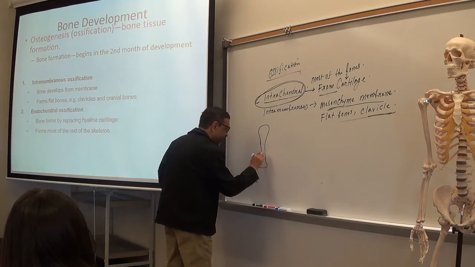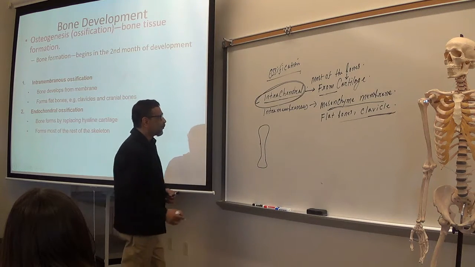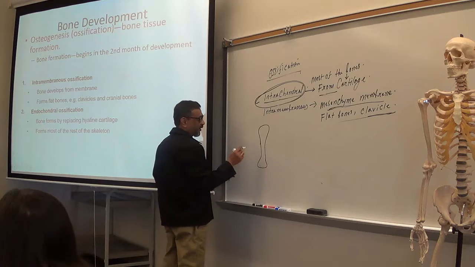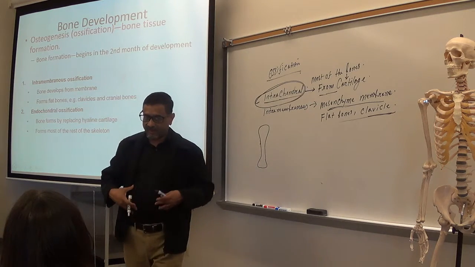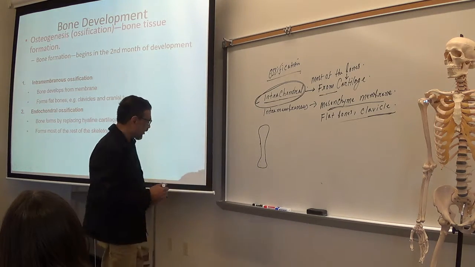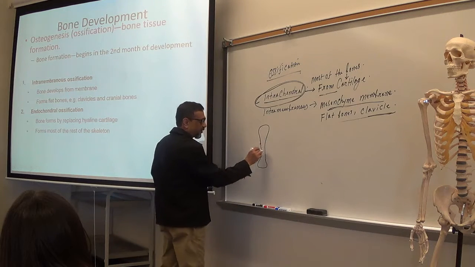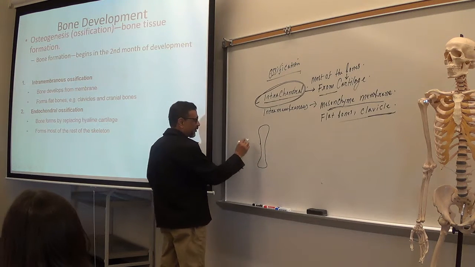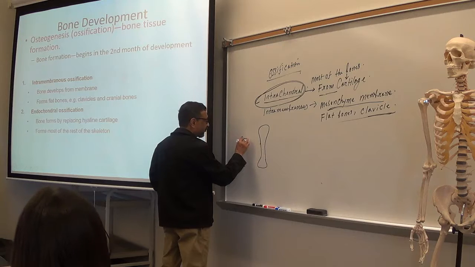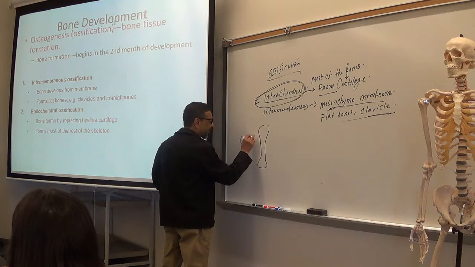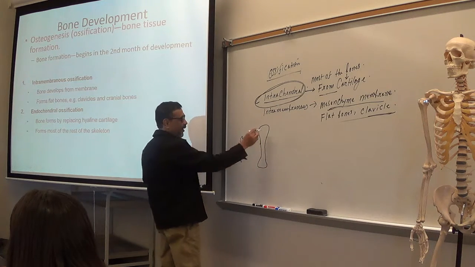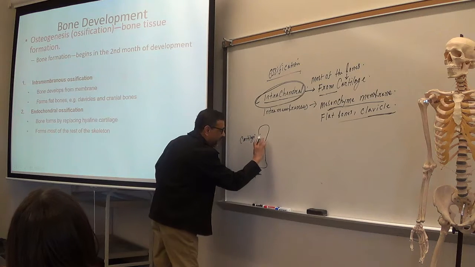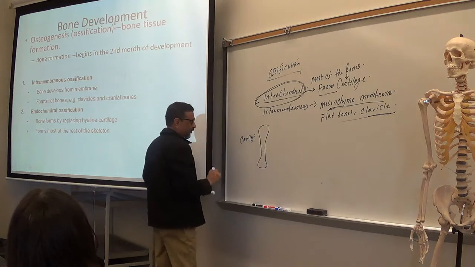Hyaline cartilage. Very good. So what happens in a fetus when the baby is inside the mother's uterus? The whole skeleton is cartilage. So this is a cartilage, and this is the shaft and two ends.